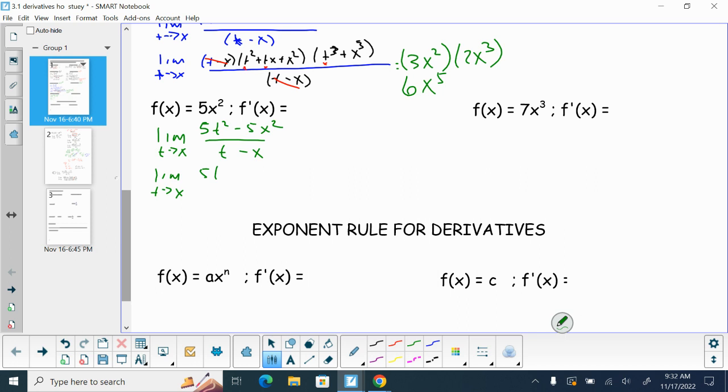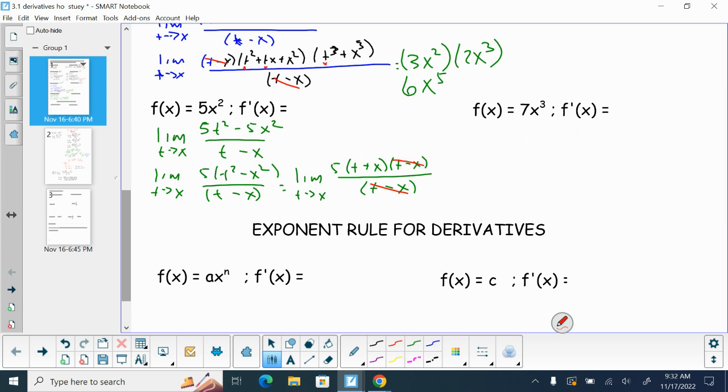So we have 5 times t squared minus x squared over t minus x. And then the t squared minus x squared we could factor down again. Limit as t is approaching x of 5 times t plus x, t minus x over t minus x. And as always, our t minus x's have moved to Texas.